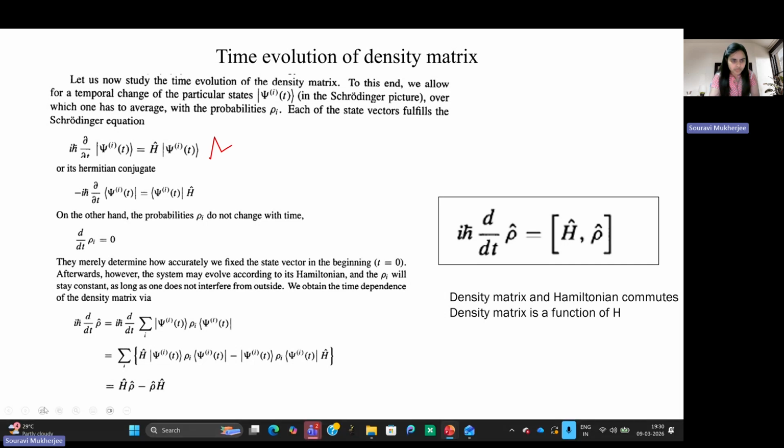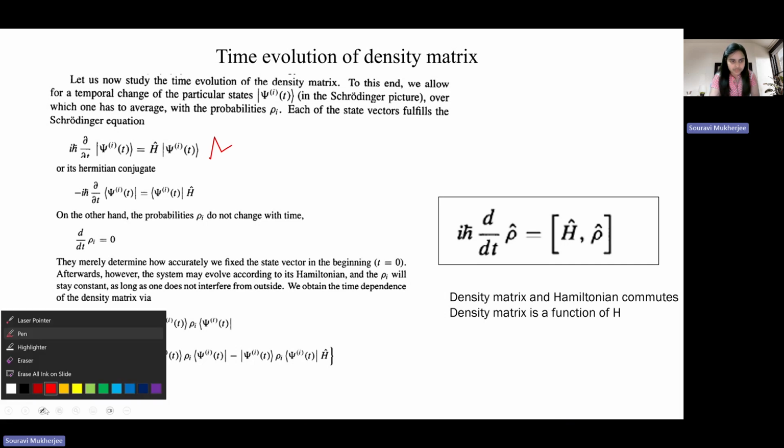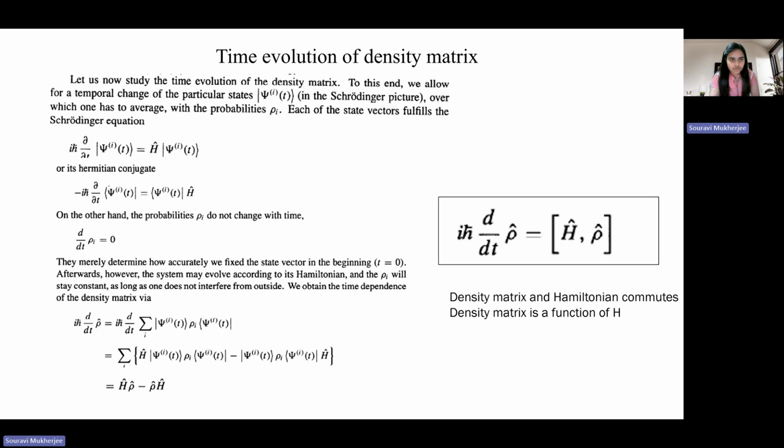This comes from the Schrodinger picture of quantum mechanics itself, right? You can also write the Hermitian conjugate of the same. And now you consider the stationary condition where the probabilities rho_i do not change with time. So you say that d/dt of rho_i goes to 0.